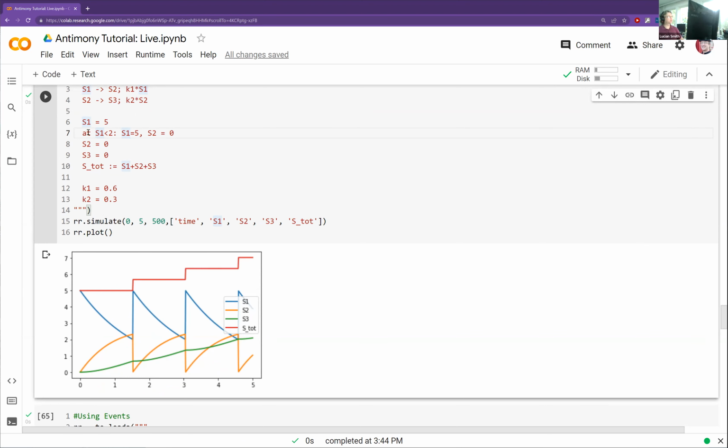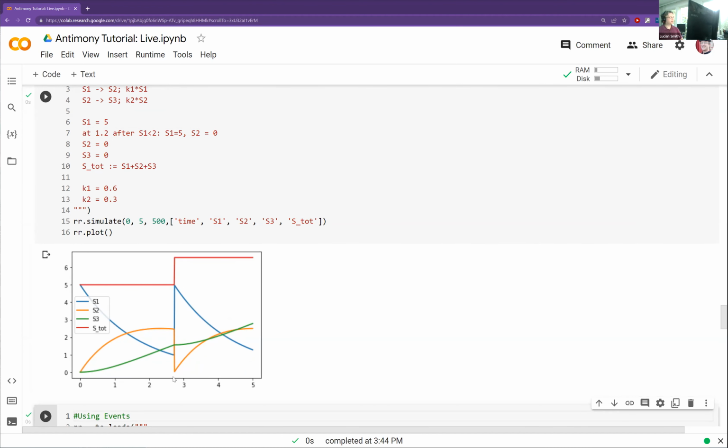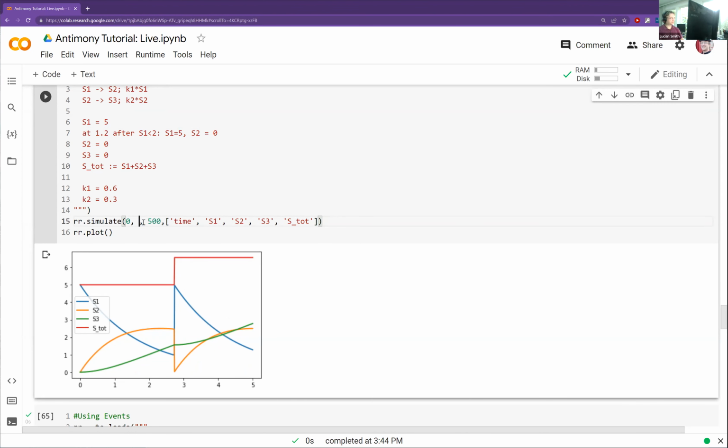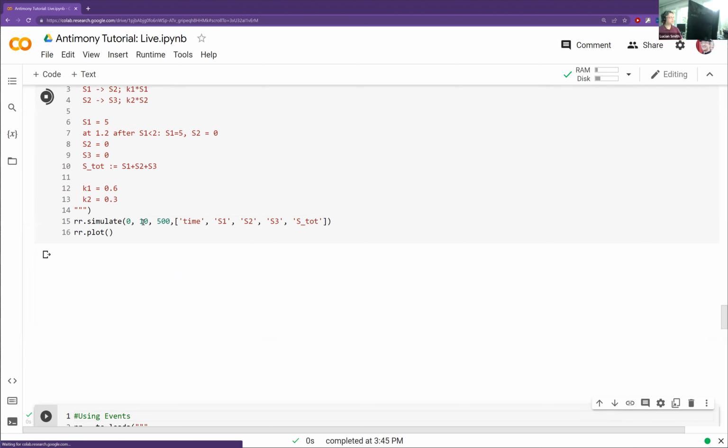So triggering is when this part changes from false to true, but firing is when these assignments get made. So we can add a delay and say that 1.2 after S2 goes to 1, then we'll do that. So you'll notice that it first fired around 1.5 here. Now it's waiting until about 2.5 before it finally fires. We'll change this to 10 so we can see it happening a few times.